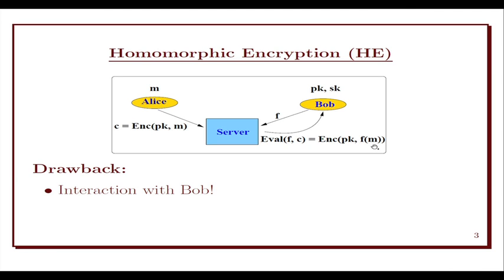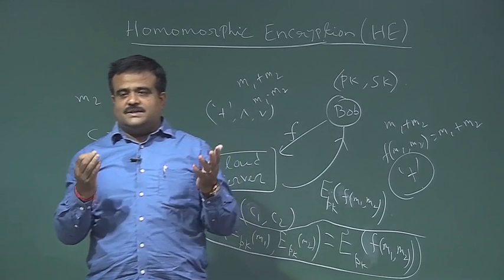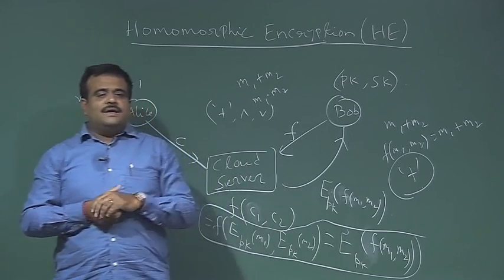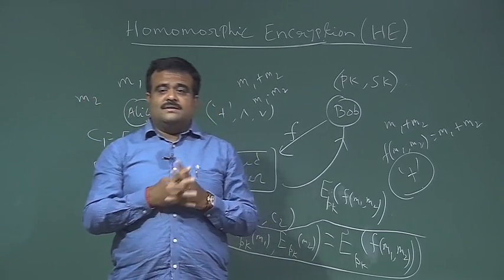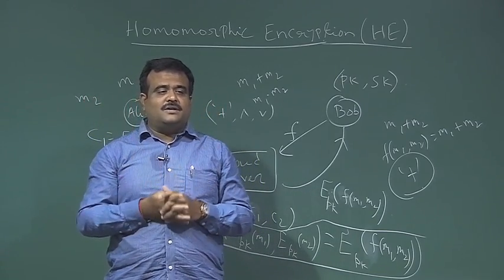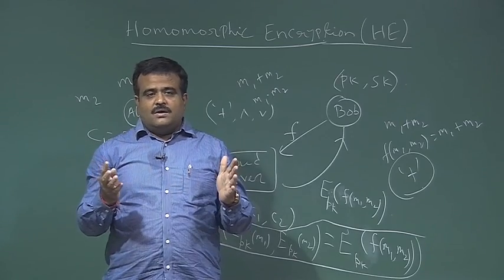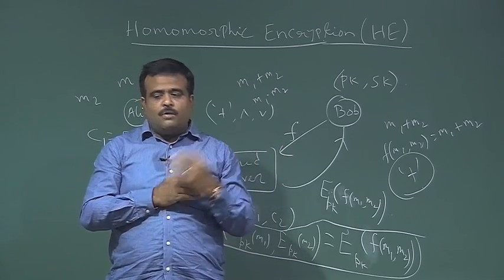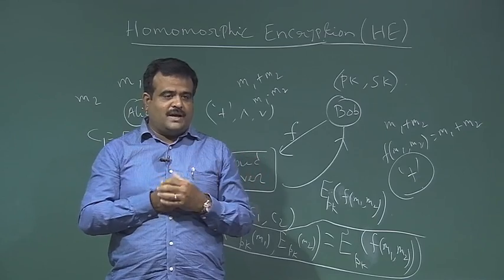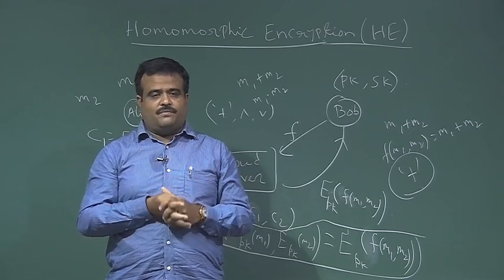So Bob needs only f of m, not m maybe. Bob could get m and then apply f on m, but that may sometimes be an expensive operation. So instead, the cloud is doing that. The cloud is helping us compute f of m, because Bob may carry a low power device which is not capable of computing f of m.